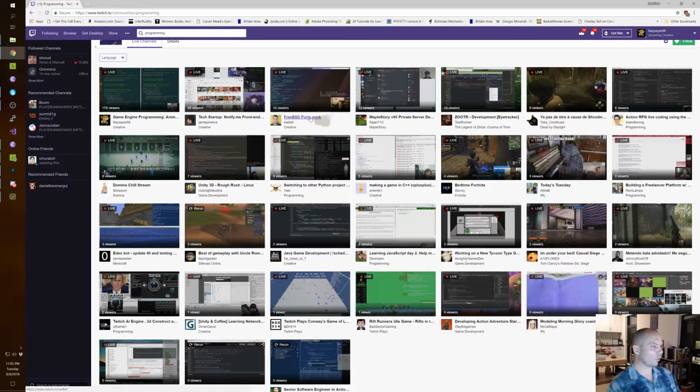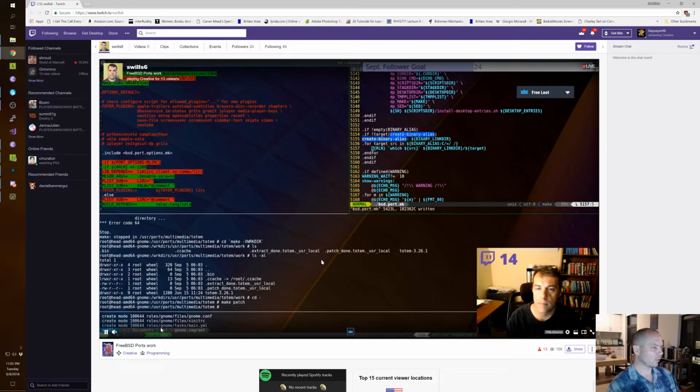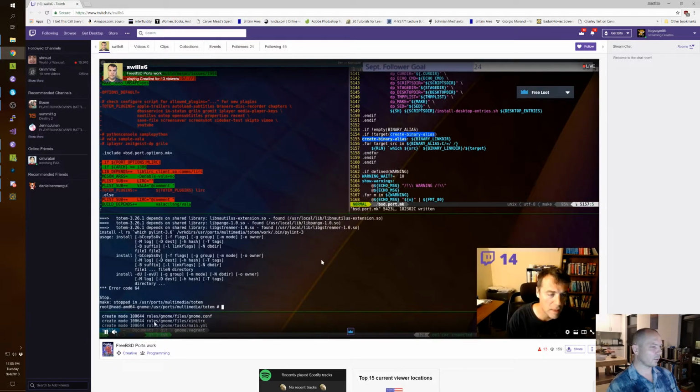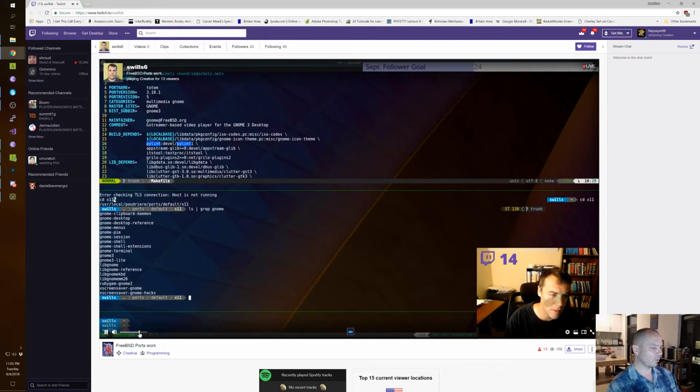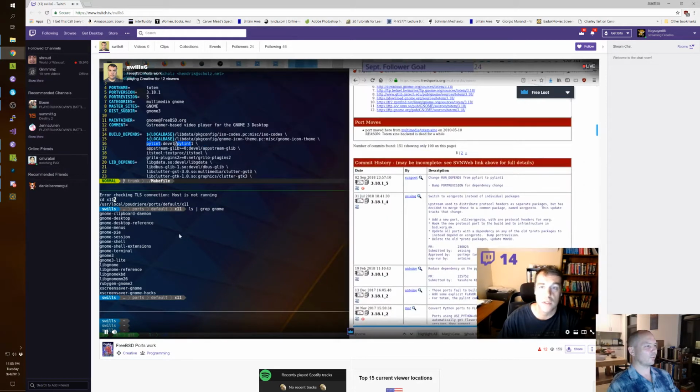FreeBSD ports work. What is this? Oh God, it's like environment variables. There's the problem. Lord save me from environment variables. You know what? Oh my God, I should have known that. Go back, go back. This is exactly why I'm making this new language, so you don't have to do this kind of port thing. Look at all this garbage.